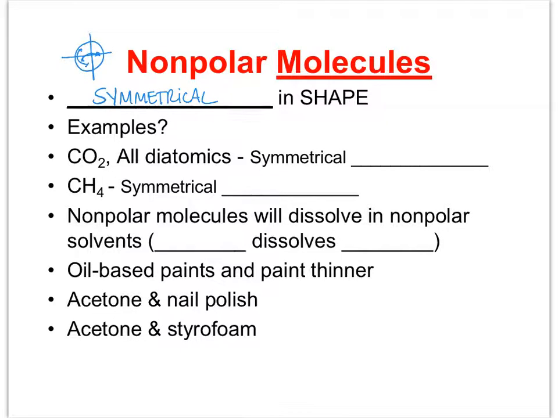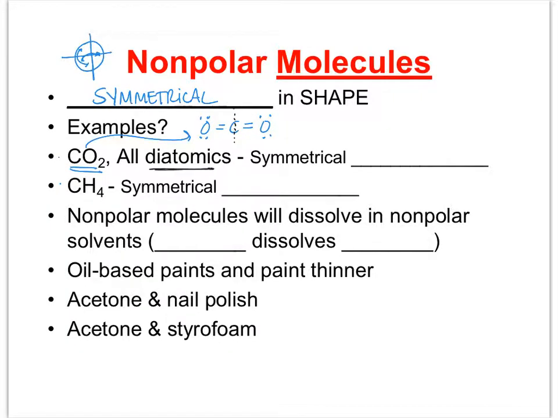So here's several examples of nonpolar molecules. Carbon dioxide is a nonpolar molecule. This is one that I told you you could work through the method of drawing this, or you could just memorize the structure. So you could see that this molecule is symmetrical. It's exactly the same on both sides.